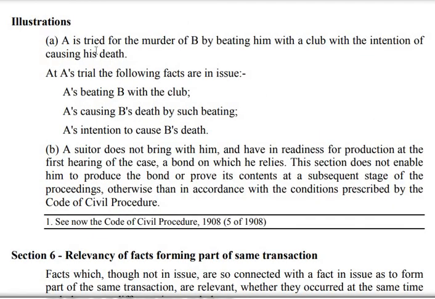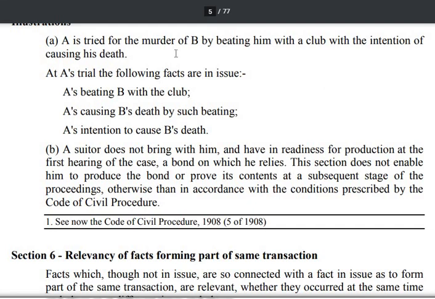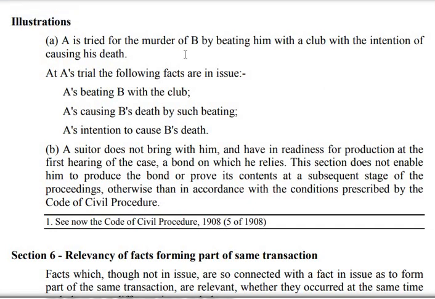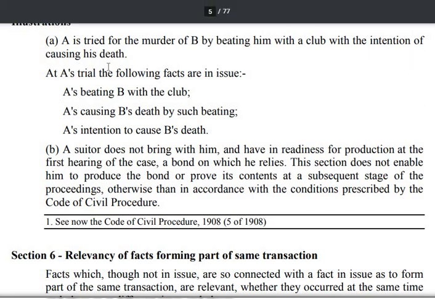A tried for the murder of B by beating him with a club with the intention of causing his death. At A's trial, the following facts are in issue. A's beating B with the club. A's causing B's death by such beating.